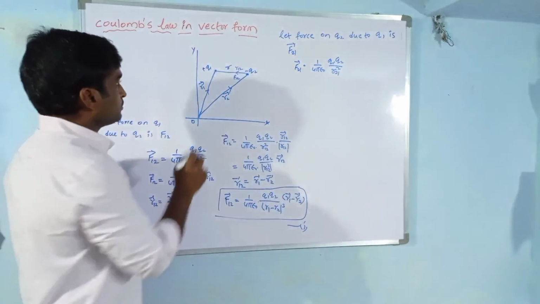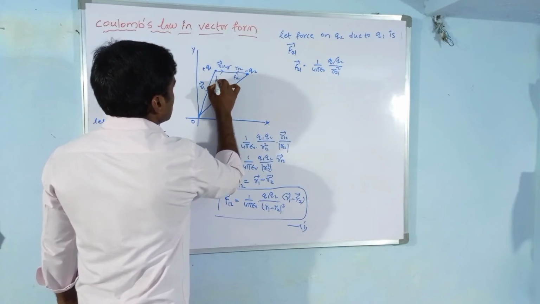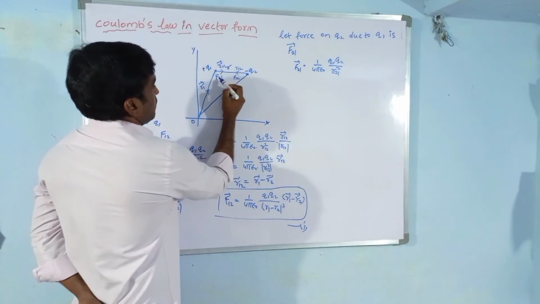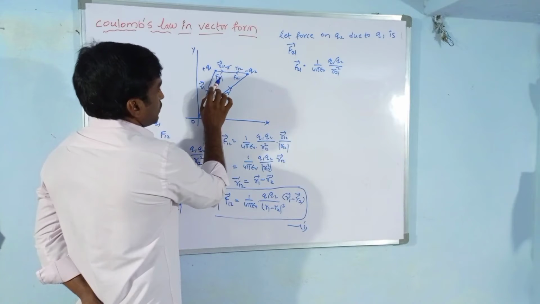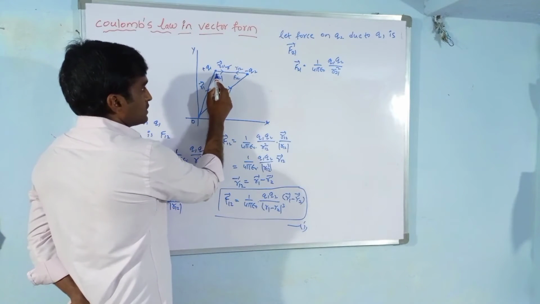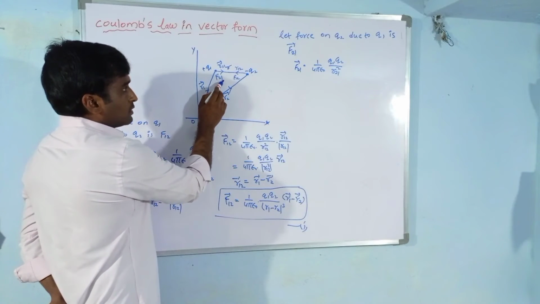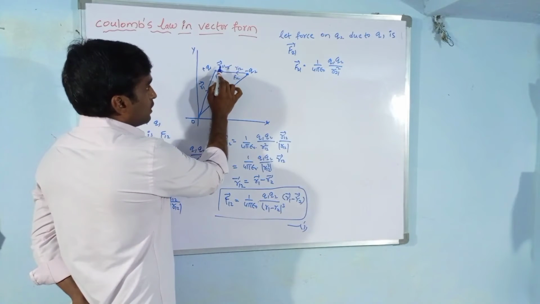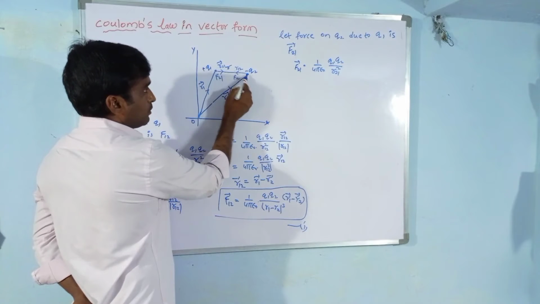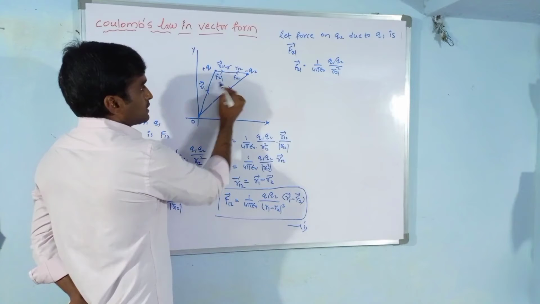What is r21? It is the distance up to 2 from 1. This is the force F21, the force on charge 2 due to charge 1.